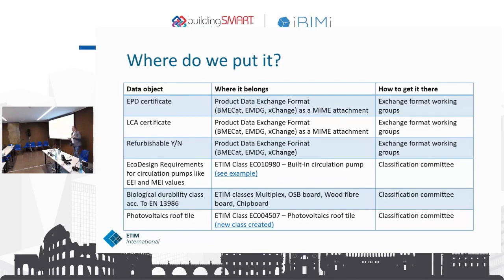EPD certificates, you have the ISO 22057 for EPD certificates. It's already there. You can attach an EPD certificate to a master data file. No need to put all these features into an ETIM class. It's already there. LCA certificate, same question.